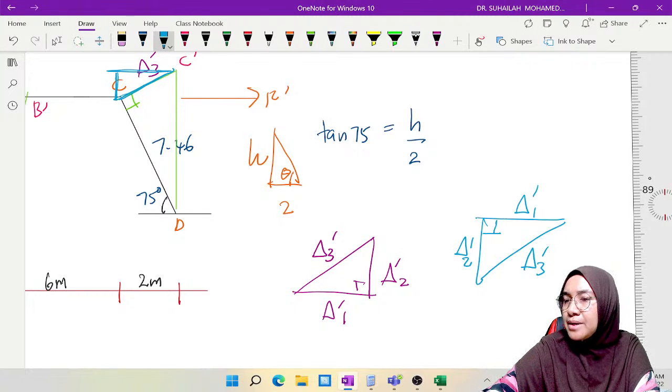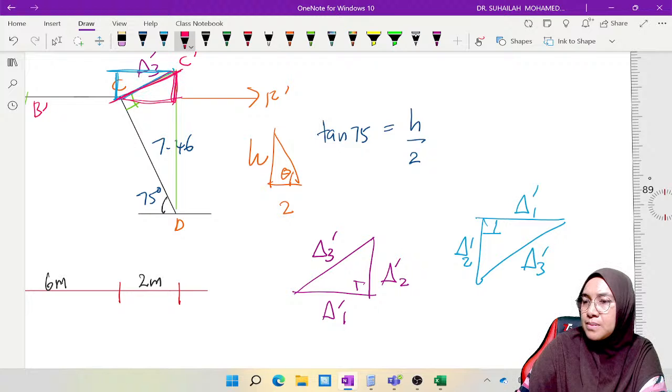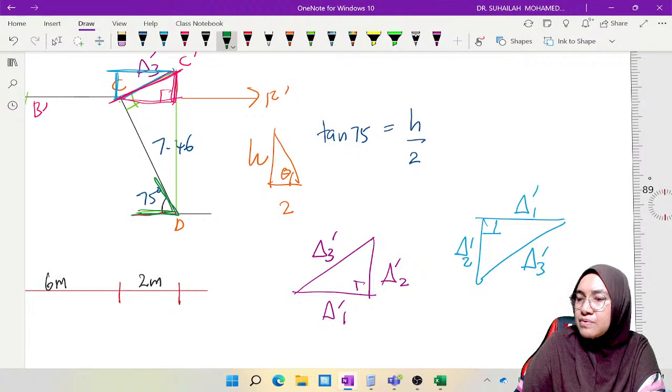If we draw it in the opposite condition, the angle will be, this 75 belongs to where?